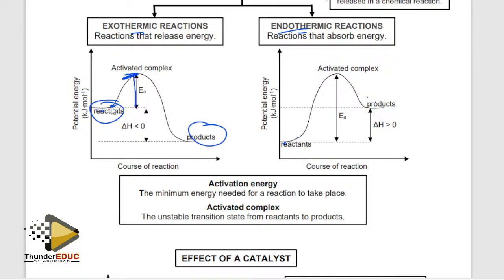From here to here is the activation energy of the forward reaction. Because when you talk about the reverse reaction, from here to here is the activation energy for the reverse reaction. So I think you have it. From the reactant to the product, the change in energy there is the enthalpy change. Please take note of that.